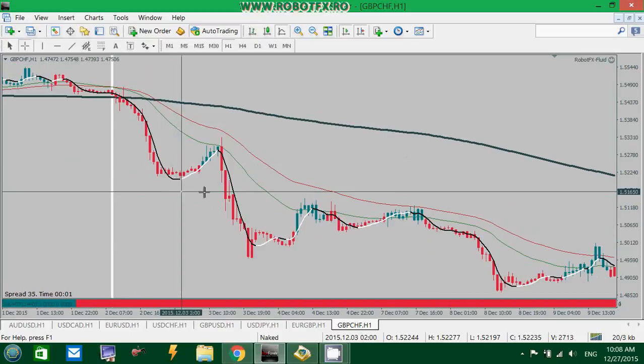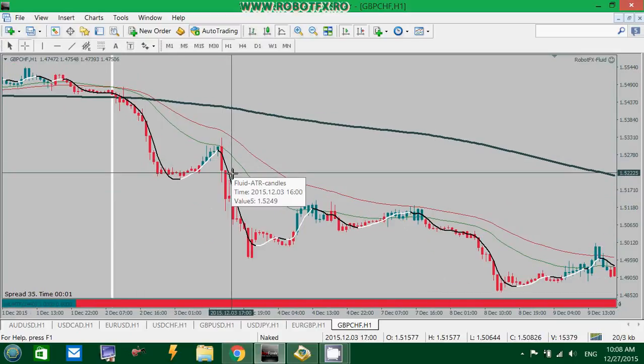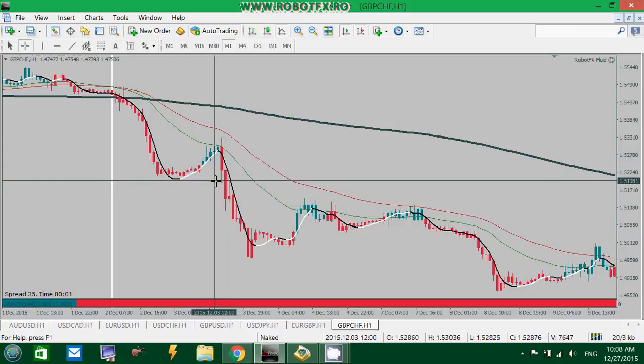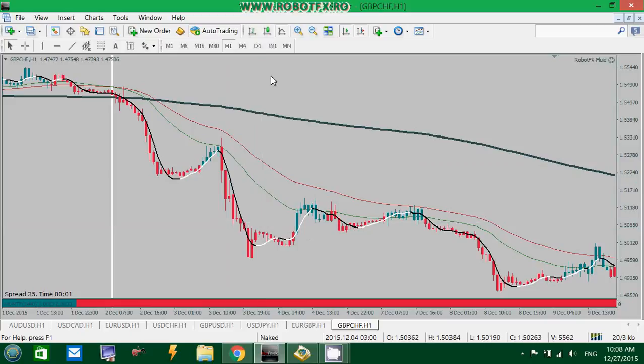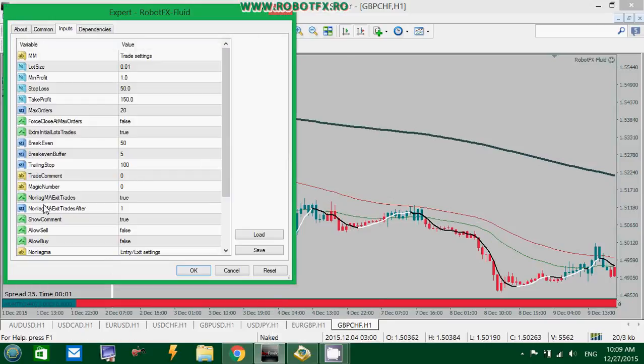Now, basically the expert advisor would have opened the trade here when the color of the non-lag moving average changed, and closed it when it changed back here. It will close the trade if, of course, the non-lag moving average exit trades setting is set to true. Otherwise it will not close them.